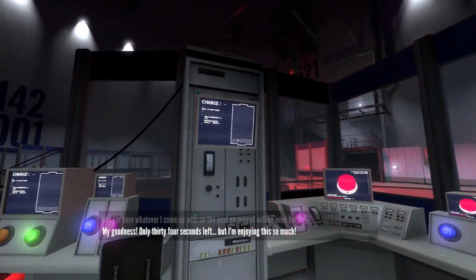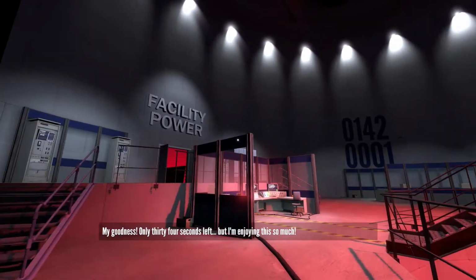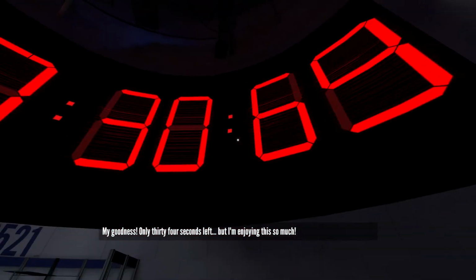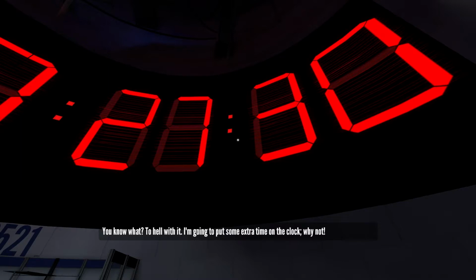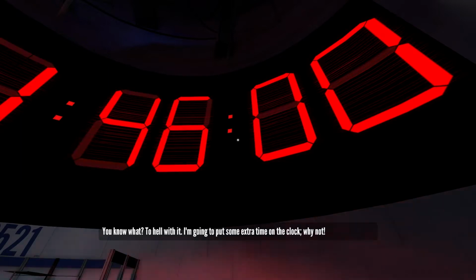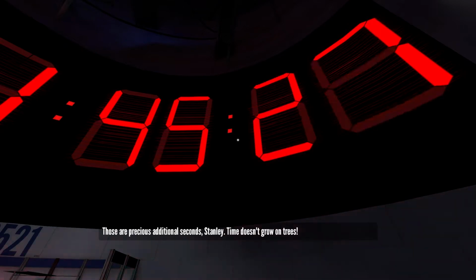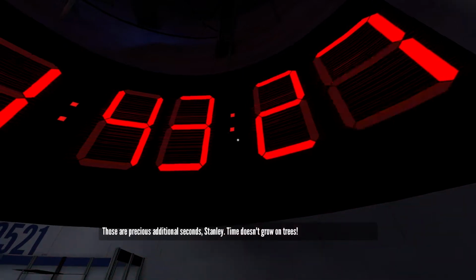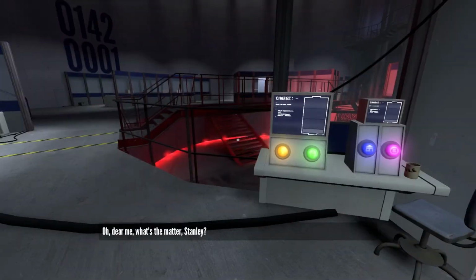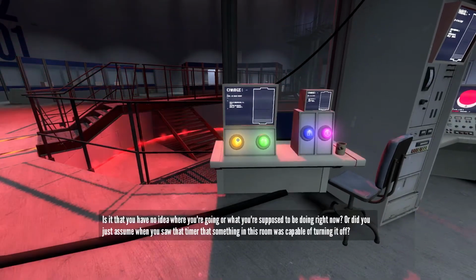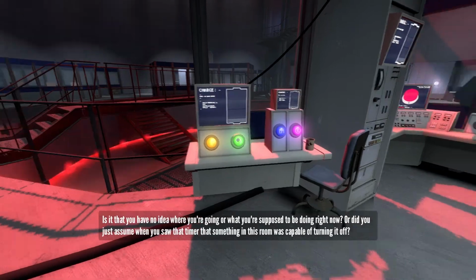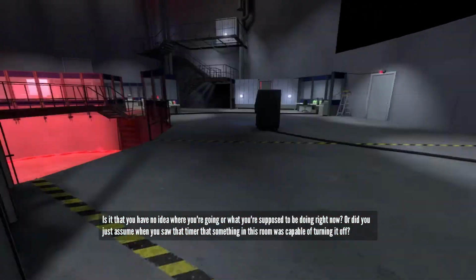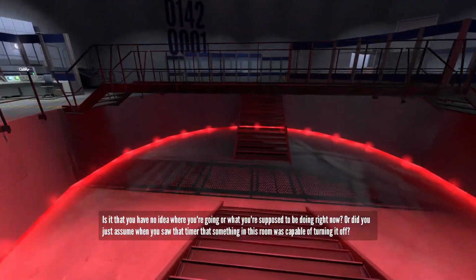My goodness, only 34 seconds left. But I'm enjoying this so much. You know what? To hell with it. I'm going to put some extra time on the clock, why not? These are precious additional seconds, Stanley. Time doesn't grow on trees. Oh dear me, what's the matter, Stanley? Is it that you have no idea where you're going or what you're supposed to be doing right now? Or did you just assume when you saw that timer that something in this room was capable of turning it off?